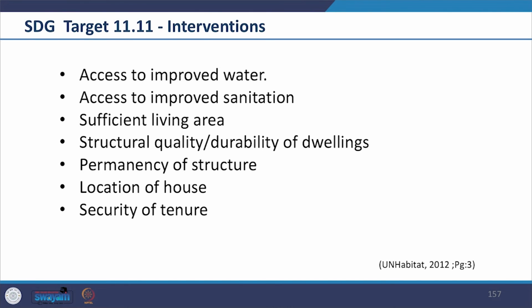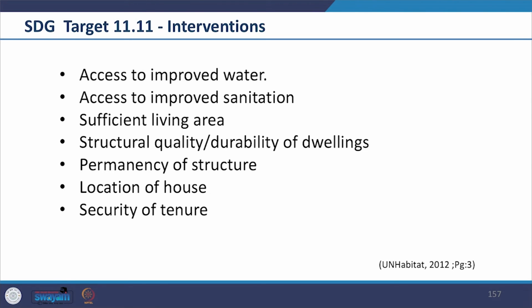Then we see the structural quality and durability of the dwellings. While we see this, we look at the permanency of the structure, or what kind of building materials are there. We also see where it is located: whether it is located on or near toxic waste, in a floodplain, on a steep slope, or in a dangerous right-of-way of rail, highway, airport and power lines.